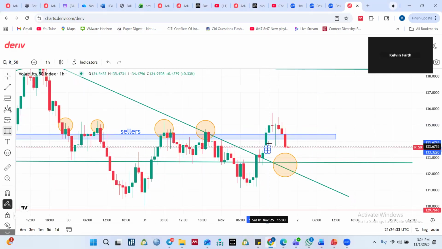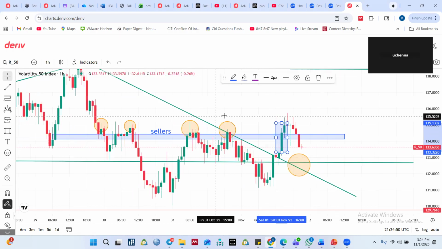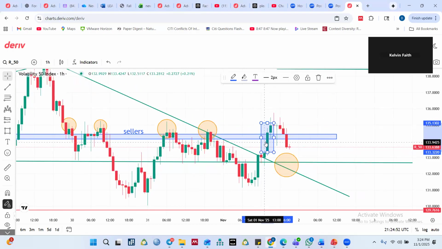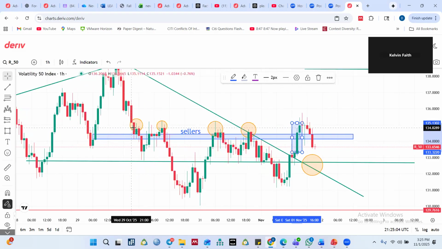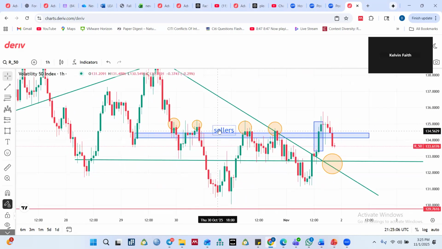So let's look at this 1 hour candle. Boom. Are you guys seeing that? Yes. So this activity here on the 1 hour, we have a bullish momentum that closes above where we can view as sellers sitting.